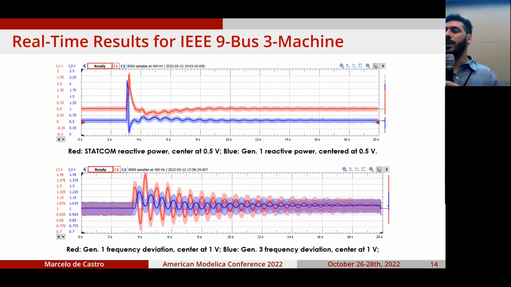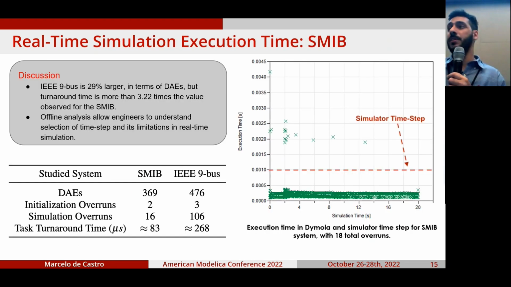But I think you can find in literature some benchmark experiments in which they set a number of overruns for your real-time simulation. In this case, I just set a maximum, so you could run both simulations. I could do the analysis and check that the number here matches with the number of overruns that you see in the simulator, and they match.